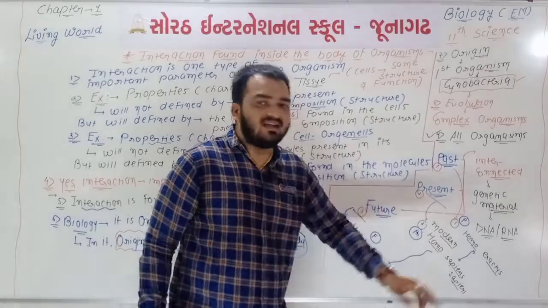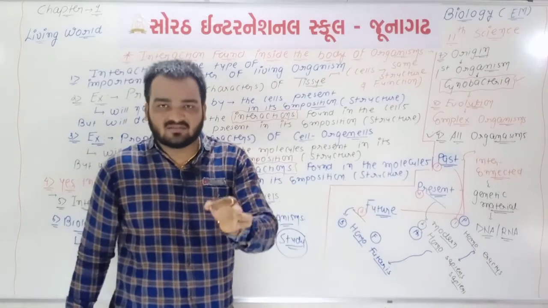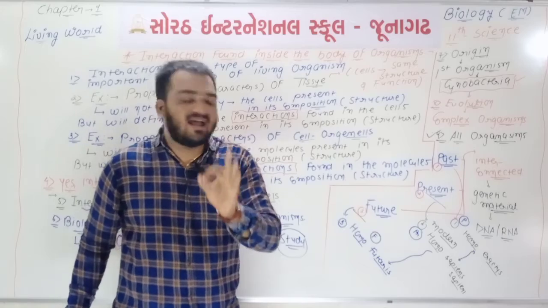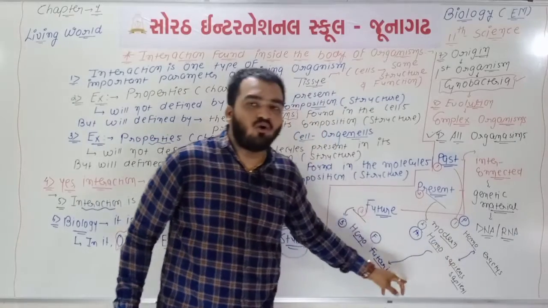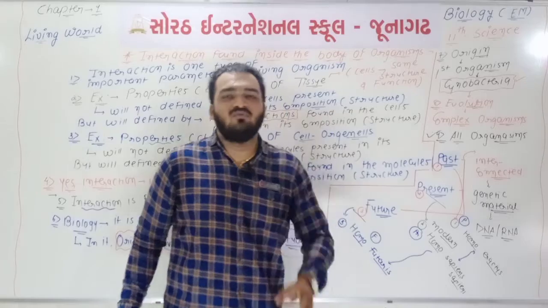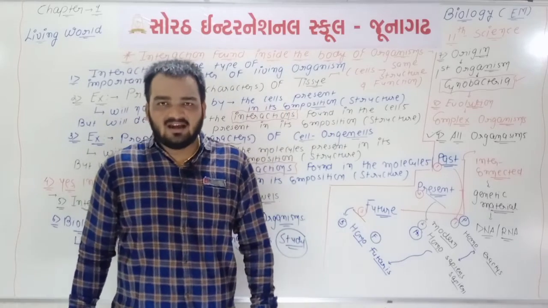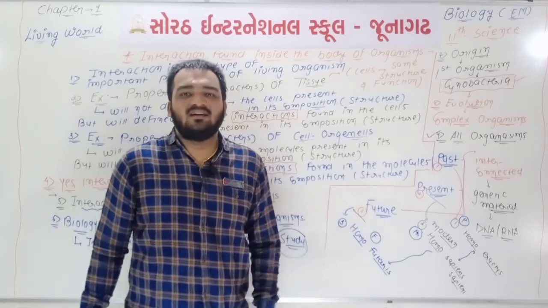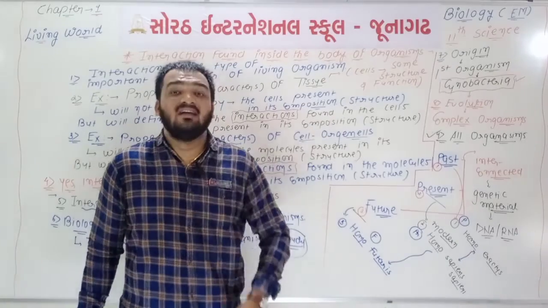We cannot say that 100% of the genes of all three are the same, but it is possible that more than 90 or 95% of the genes of all these three organisms will be similar, and a 5% variation is also there. It is possible that the variation will be 5% or more than 10%.